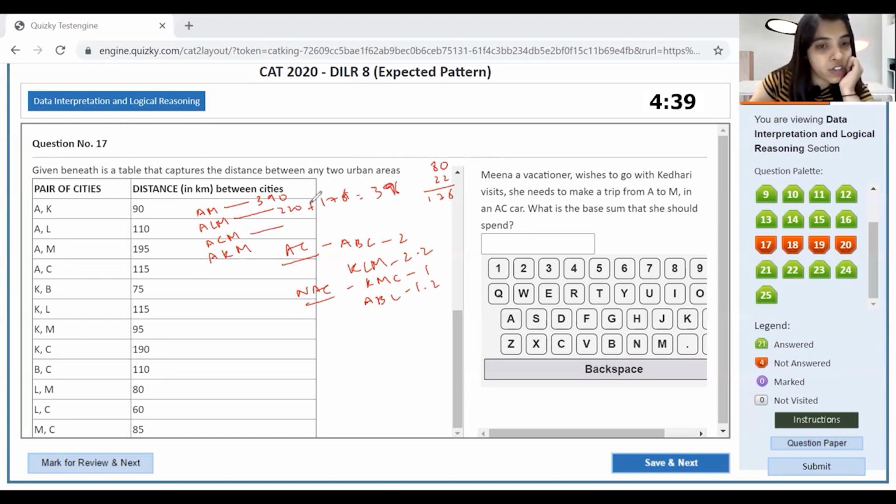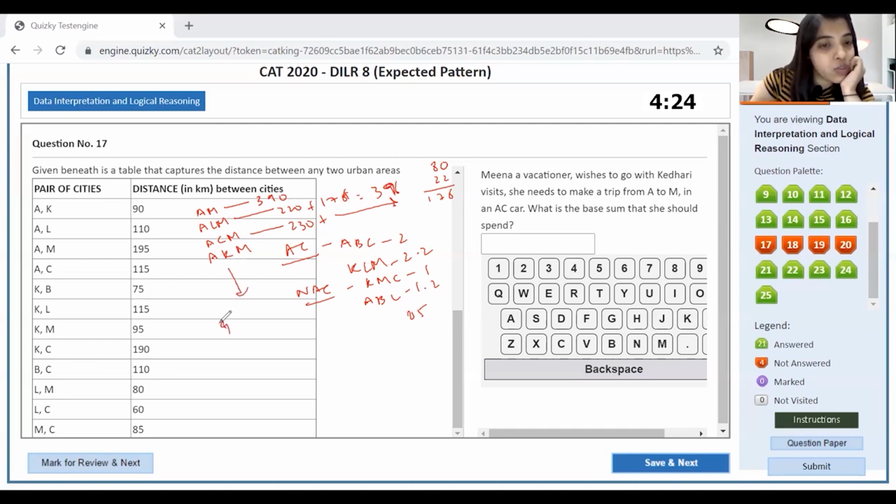ACM would be what? AC 115 into 2, 230 plus CM is what? MC is 85. 85 into, oh, we can directly see it's going to be more than this one, so it's not relevant. AKM is what?